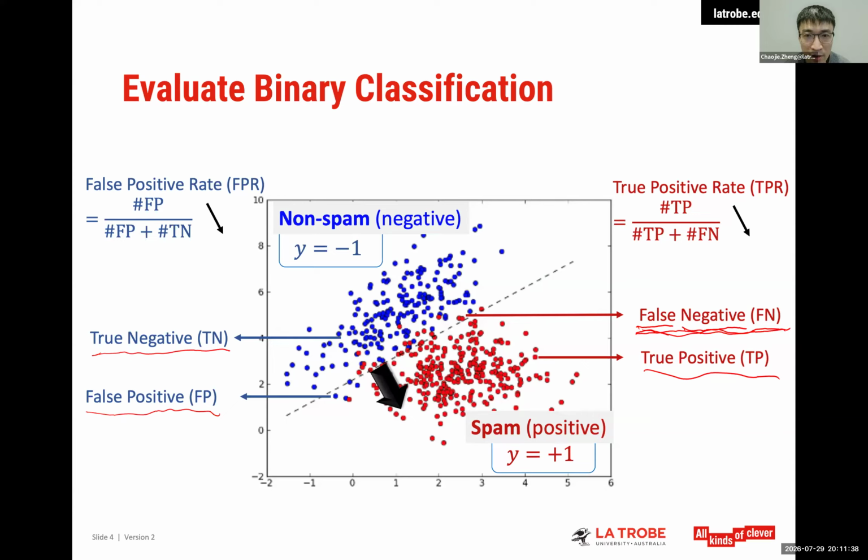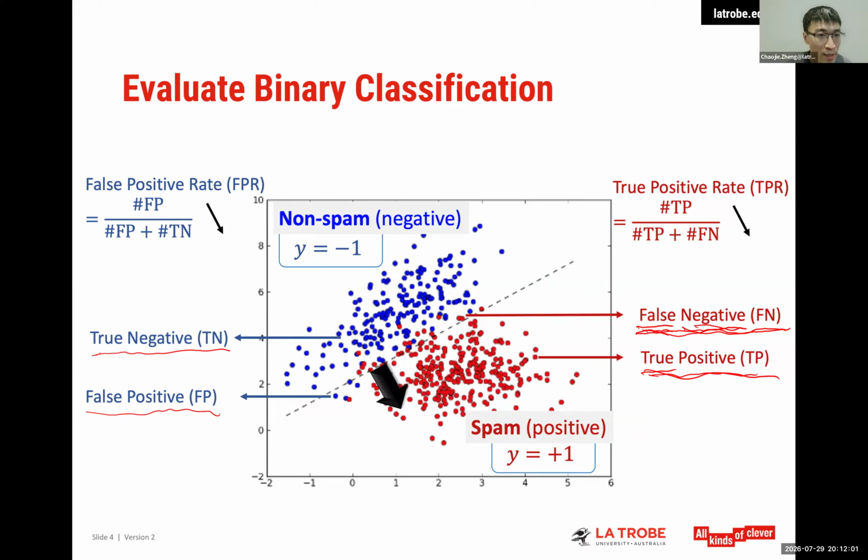That's why it's called false negative. True positive is straightforward: the model predicts the data sample as a positive case, and the data point is actually a positive sample, so the prediction is correct. That is true positive. And true negative is also straightforward.